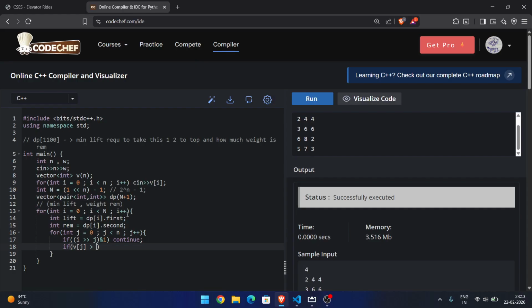So lift required, if the weight is greater than remaining, then we would have to add a new lift for this state.